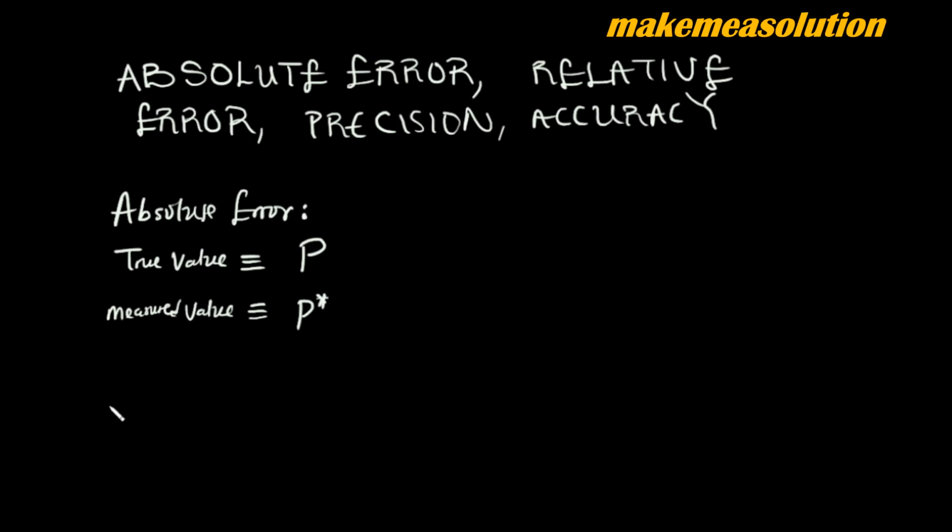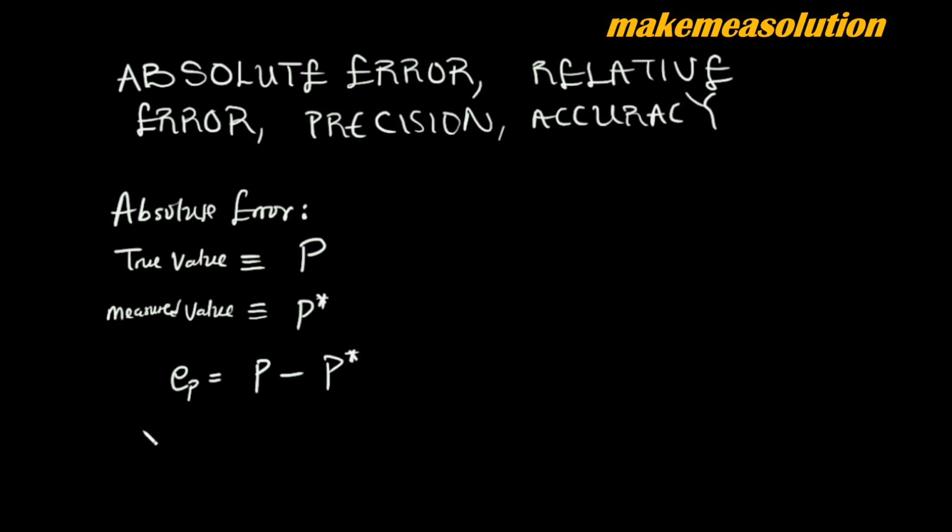To calculate the absolute error, first of all I need to determine the error in measuring p. So assuming the error in measuring p, ep, is the true value minus the measured value, this is p minus p asterisk.